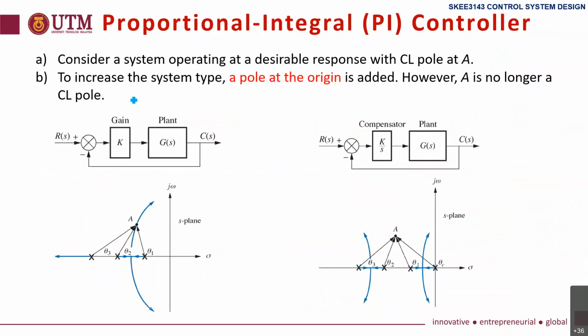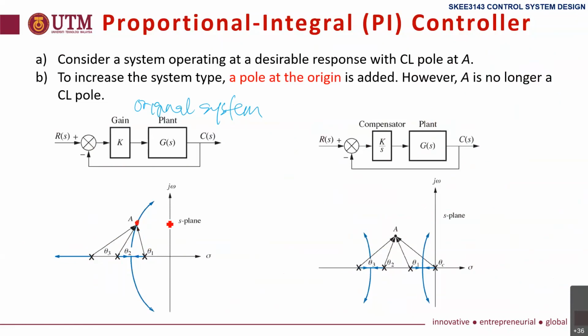Consider this is an original system, G(s), and the bottom one is the root locus. Let's say A is our point here, our interested closed loop pole.